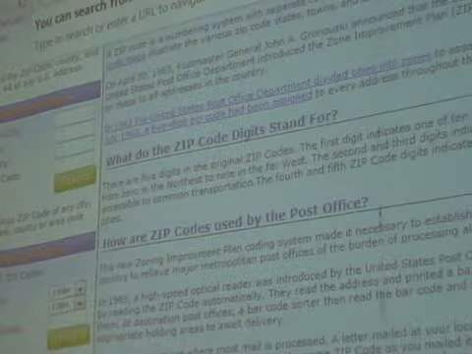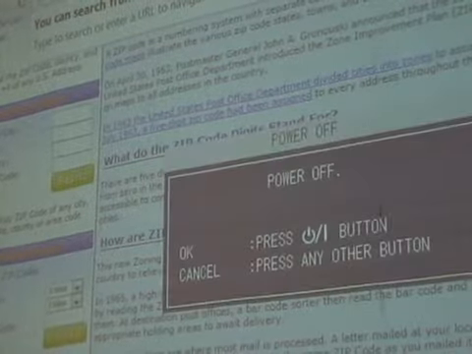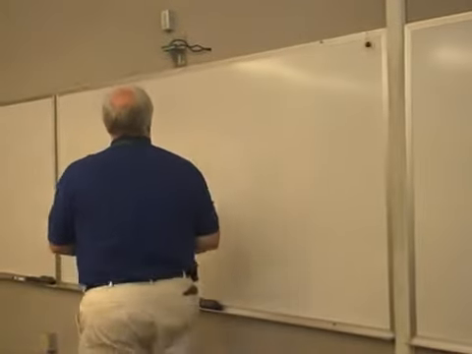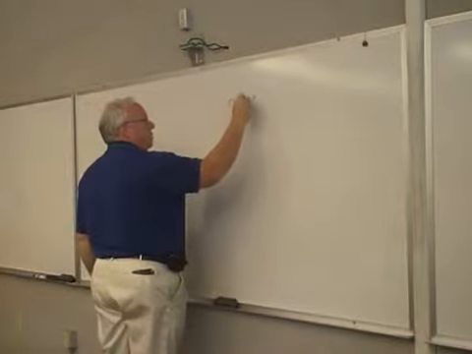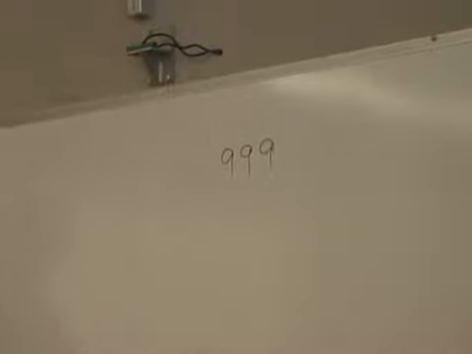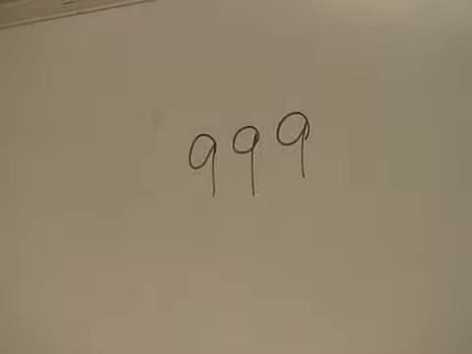Okay, so if I turn this off, I've got room to draw. Forget all about binary for a few minutes. I'm going to tell you that this is the address of something, maybe offices in a large company.